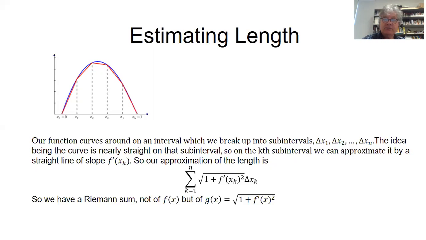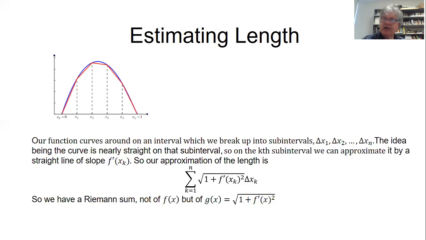Remember we're sampling at a point on that subinterval. So our approximation of the length is the sum of the square root of 1 plus the derivative squared times delta x, the length of the subintervals.